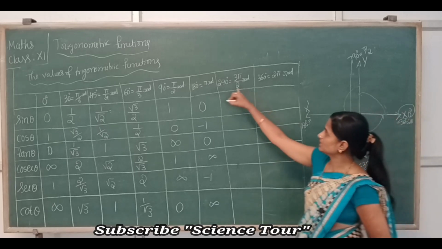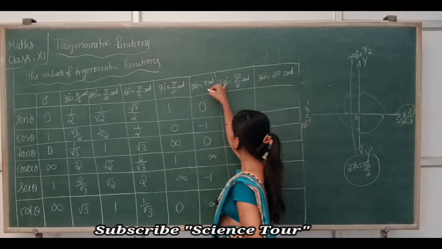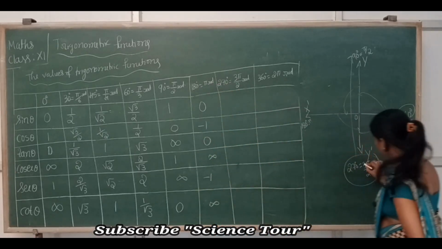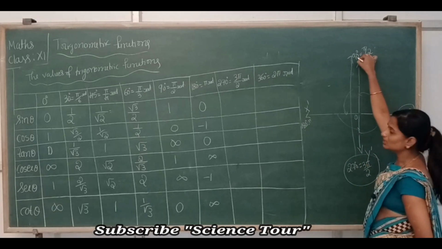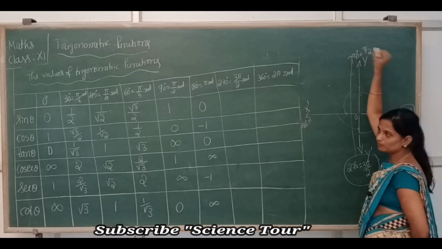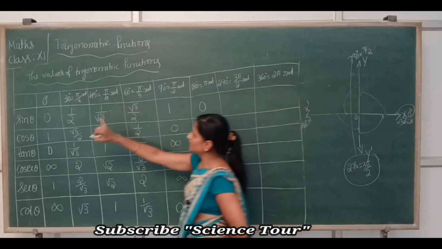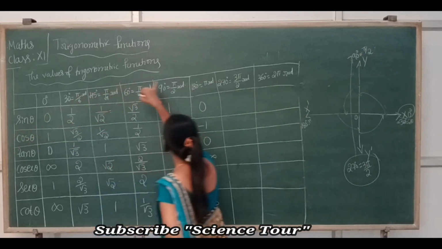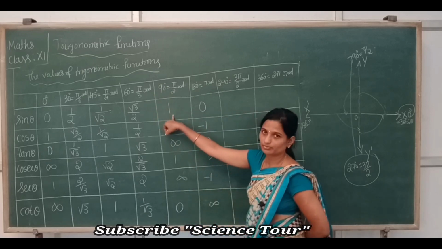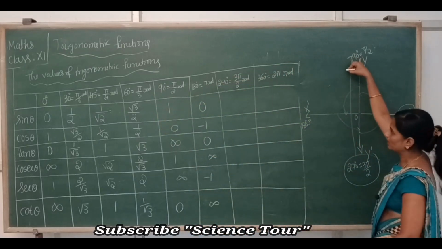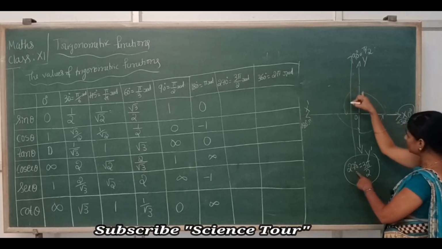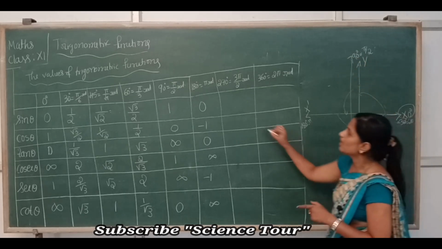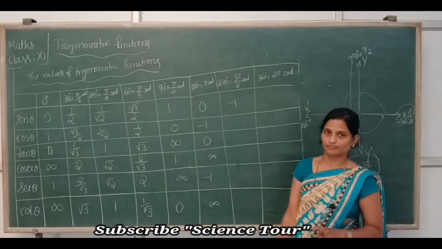So to find 270 degrees, first find the value of 90 degrees. First we will see sin 90 degrees. Sin 90 is 1. Can you say what is sin 270? 1 and it is negative, so it is minus 1.